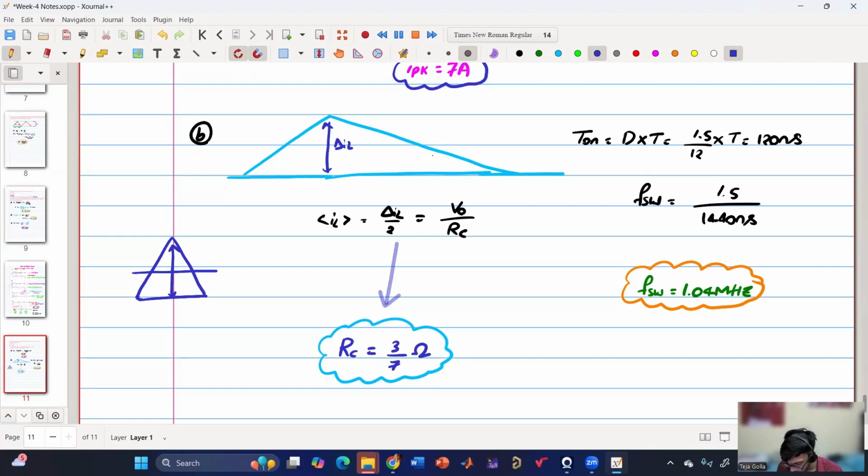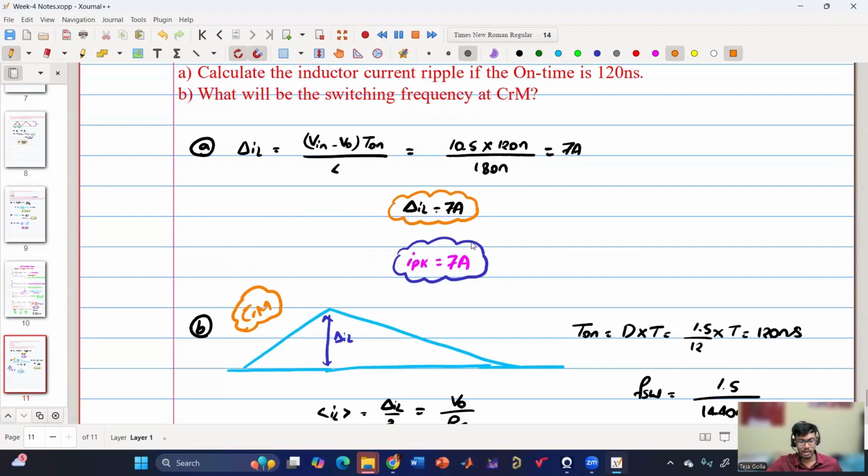It passes through half of the height. So we know that IL average is nothing but delta IL by 2. And IL average is what? V naught by R. So at critical conduction mode, delta IL by 2 is nothing but the average inductor current, which is V naught by R because it is a buck converter.